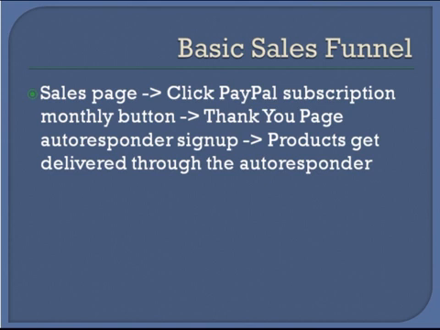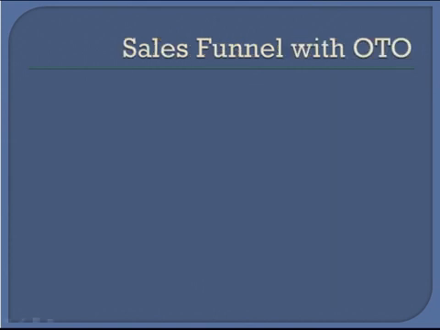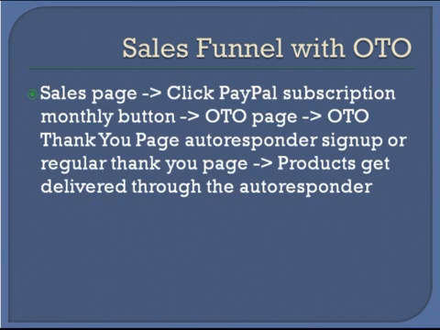Now, if you were to get a little more complicated and add a sales funnel with a one-time offer, then it would look like this. You have a sales page, they get on the sales page, they click the PayPal button, and then after that, they see a one-time offer that says, hey, hold on, we've got a one-time offer here. If they go purchase it, then they get sent to the one-time offer thank you page with the autoresponder.